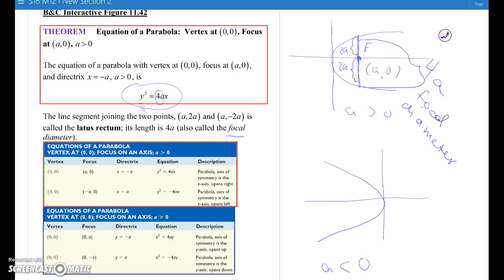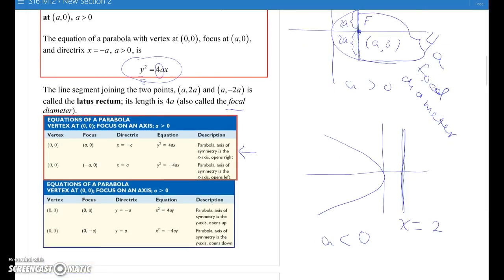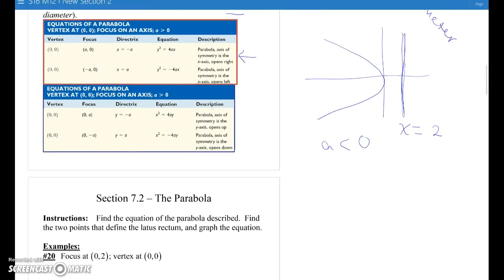So notice you kind of have two styles. You have the opening right and left type, where the directrix is going to be a vertical line with an equation x equals some number, like x equals 2. Or you can have the same kind of parabolas that we've had in the past that open up and down. So remember, these were a greater than 0 and a less than 0, so that part stays consistent.